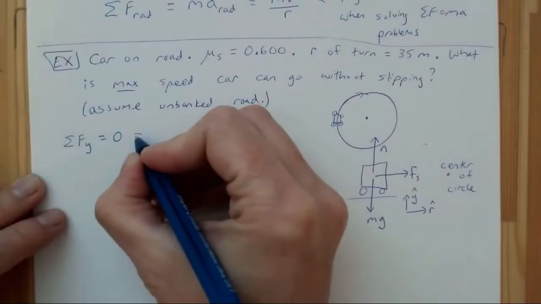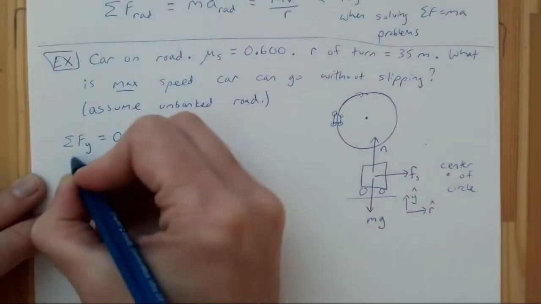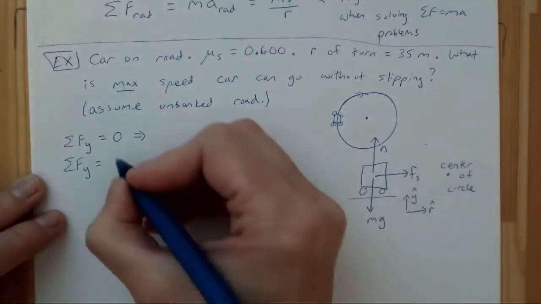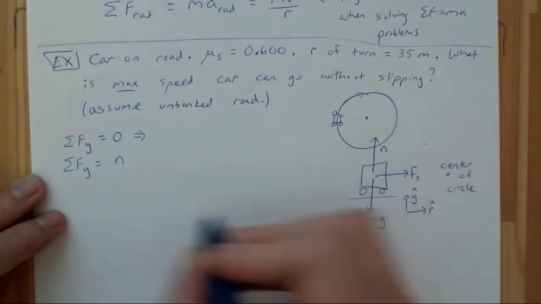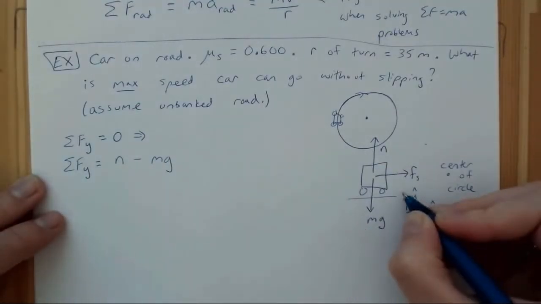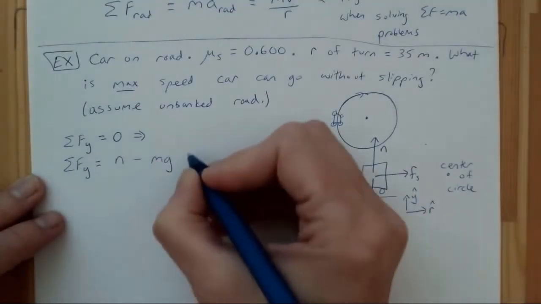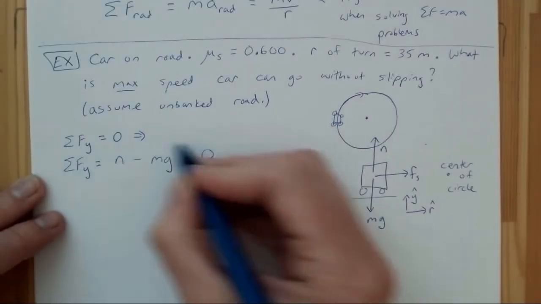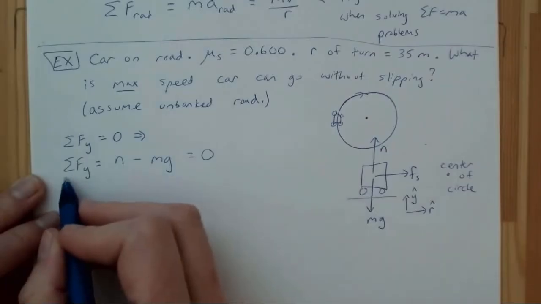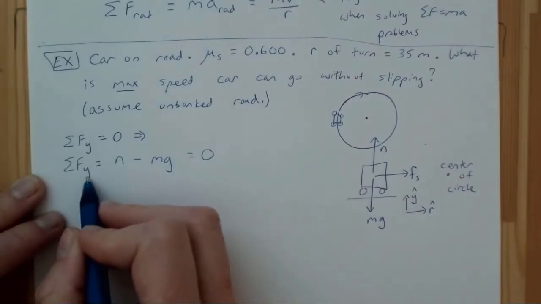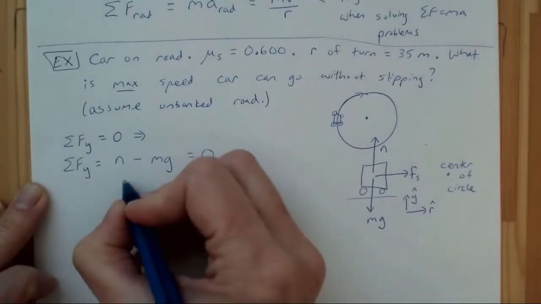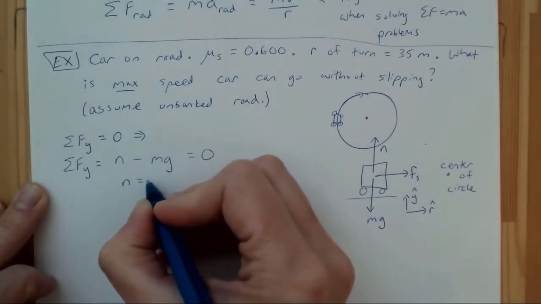So that then allows us to also say that the sum of forces in y, if we look at the individual forces, we have the normal force pointing up, we have the weight force, mg, pointing down, and then we can then set these equal to the mass times the acceleration. So again, you identify the individual forces acting, and then you set it equal to the mass times acceleration. And then you have your equation of motion for this.